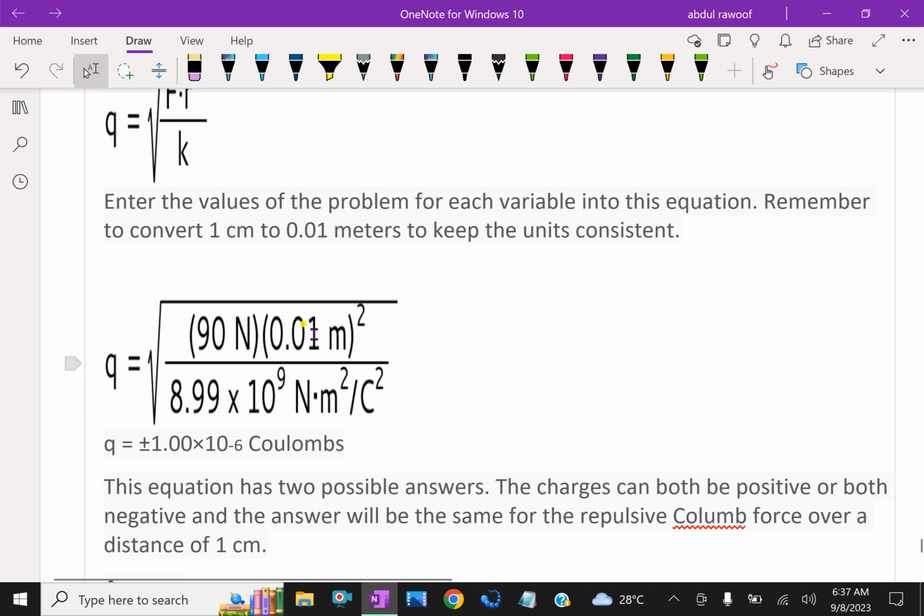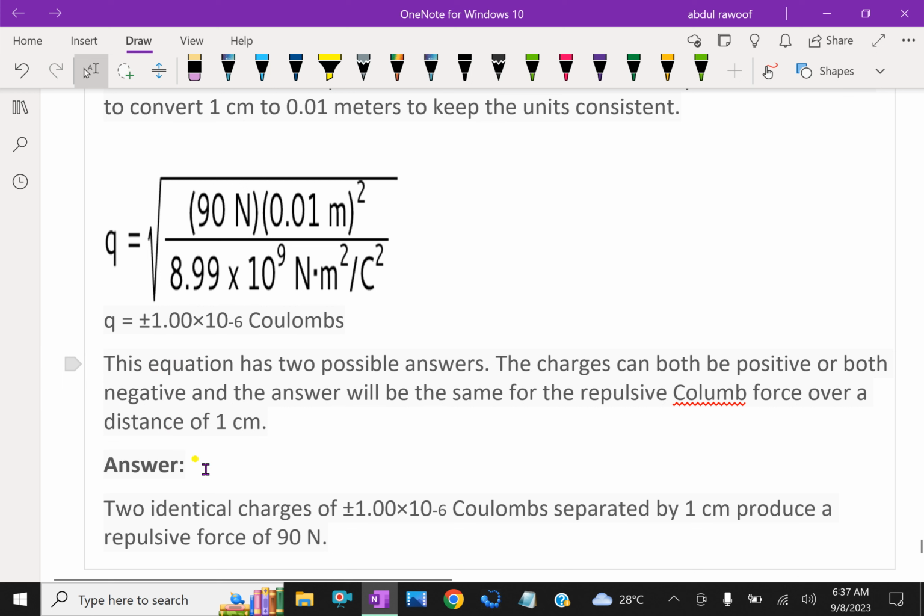Calculating, Q is approximately plus or minus 1 into 10 power minus 6 coulombs.